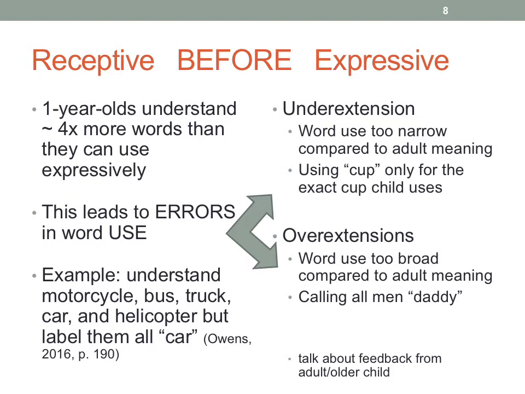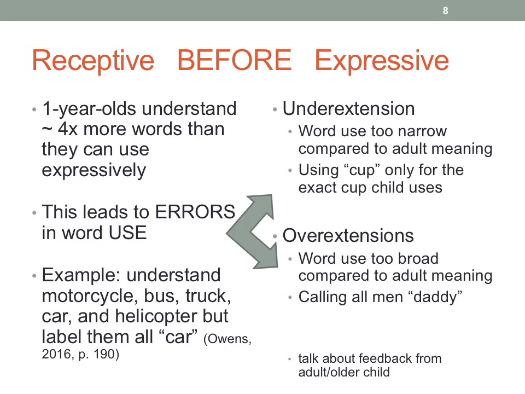What we know is that they develop receptive knowledge of words typically prior to their expressive use of words. 1-year-olds understand about 4 times the number of words than they can use expressively. So they're building receptive knowledge for a while before they begin to expressively use those same words.